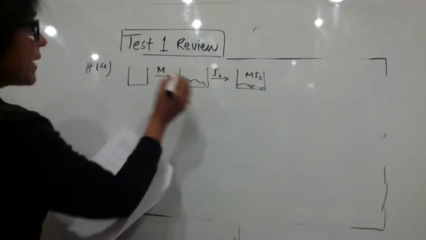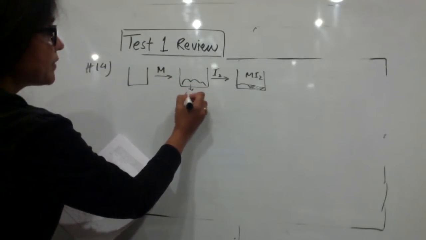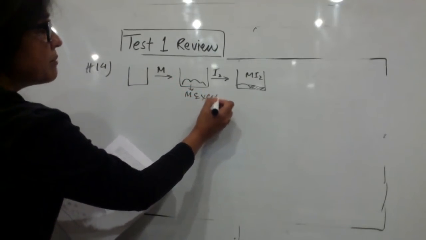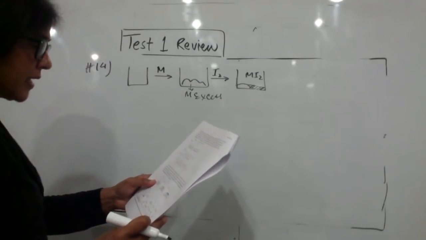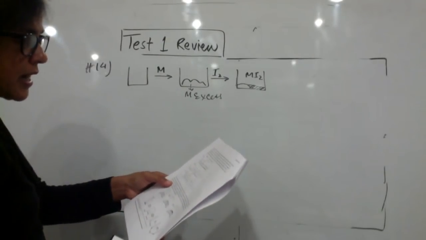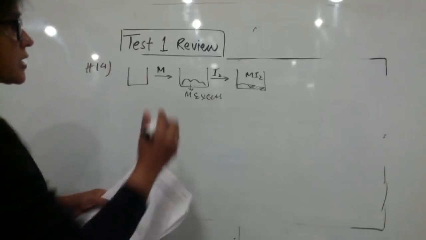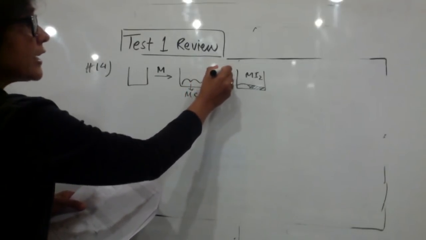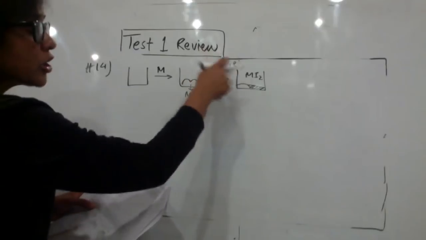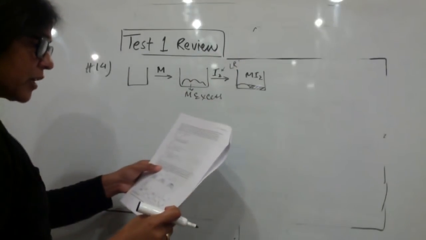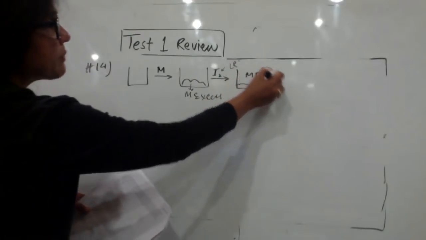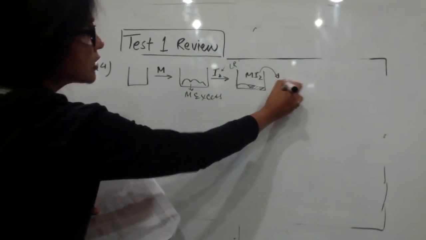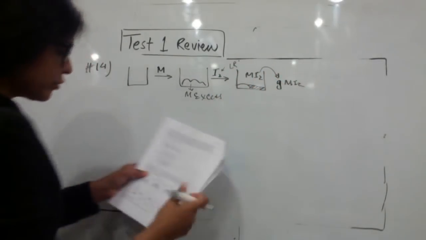Now they say metal M is in excess, meaning all of the metal M did not get used up here, right? The reaction proceeds until all of the iodine is consumed. So iodine is the limiting reactant. It got all consumed and there's leftover M. Now they precipitated out MI2 and they got grams of MI2.